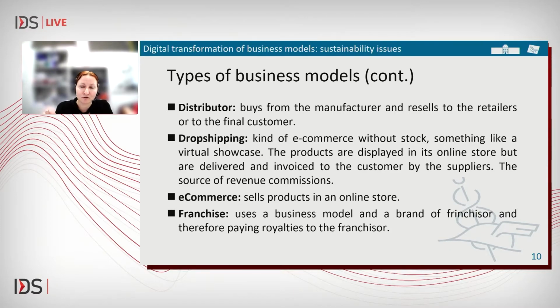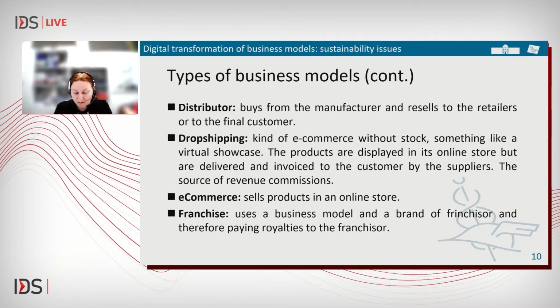So when the customer orders and pays, the products are delivered by the supplier. So the source of revenue is commission in that way. Then we have e-commerce, classical e-commerce. We sell products in an online store.